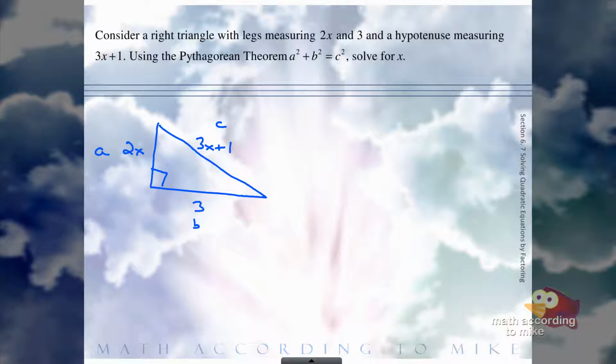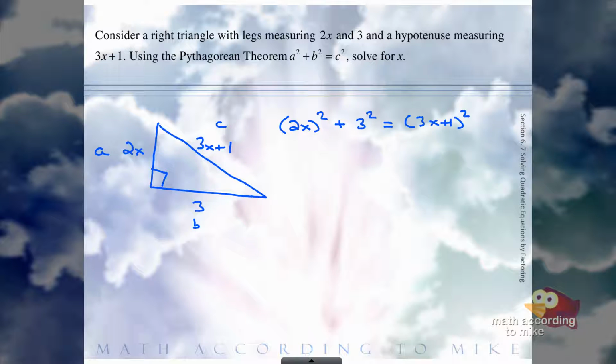So using Pythagoras, we have a squared, (2x) squared, plus b squared, 3 squared, equals c squared, (3x plus 1) squared. Okay, this is an equation that we're going to have to eventually get into standard form.